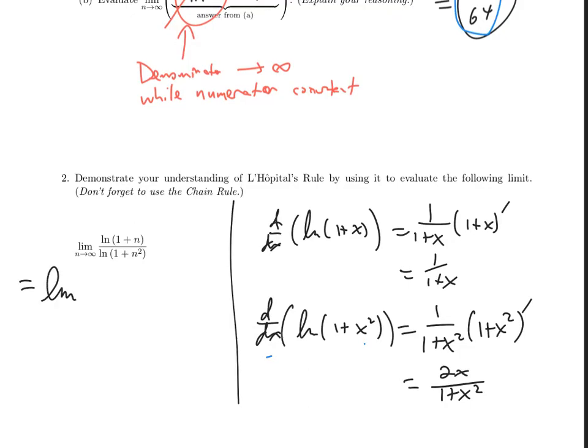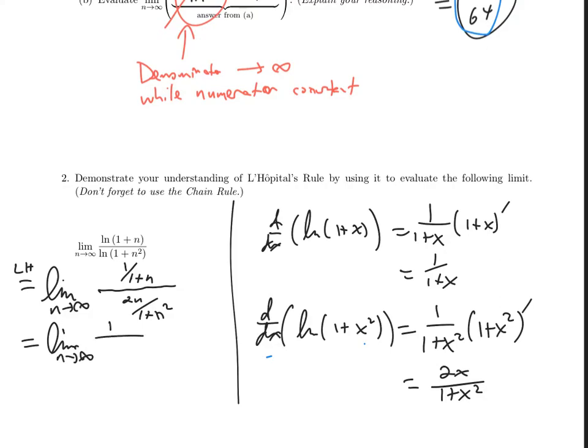So L'Hopital's rule says that this limit should be the same as the limit of the ratio of the derivatives. Let me resolve those fractions because that's hard to think about.